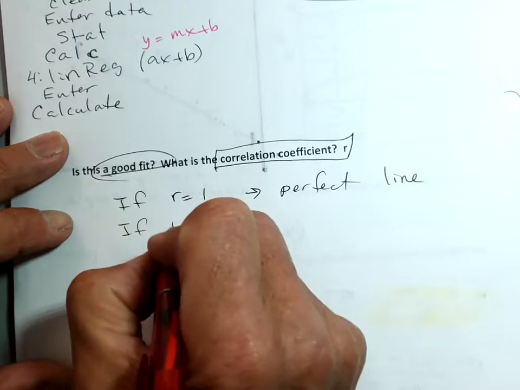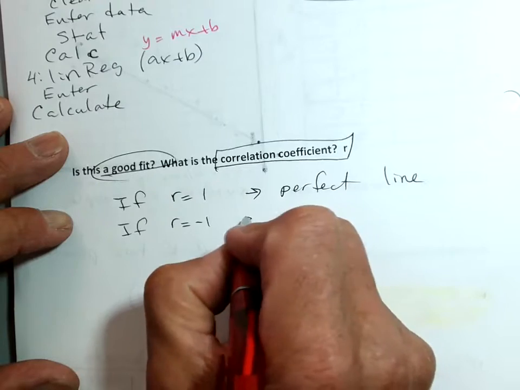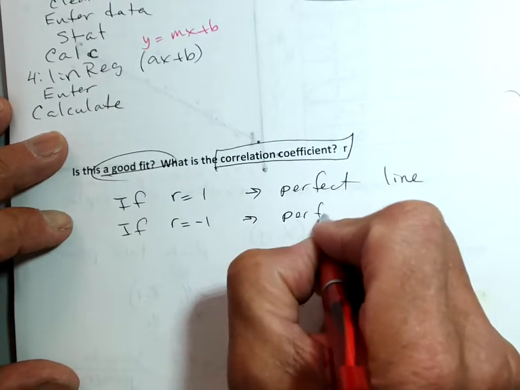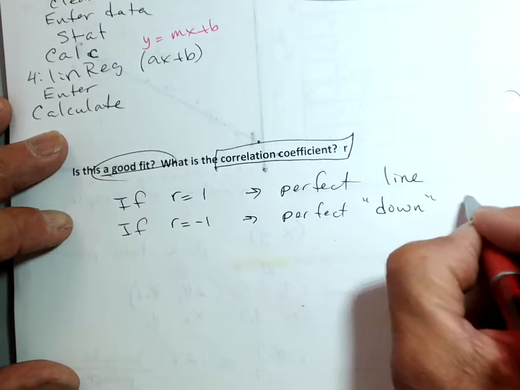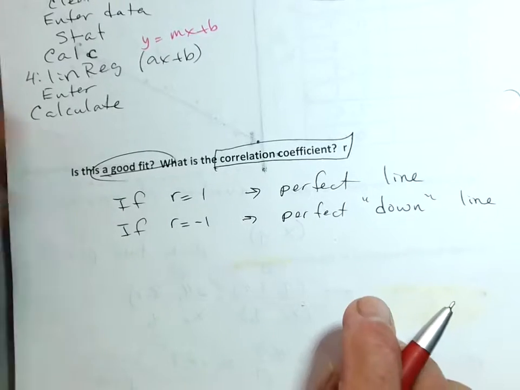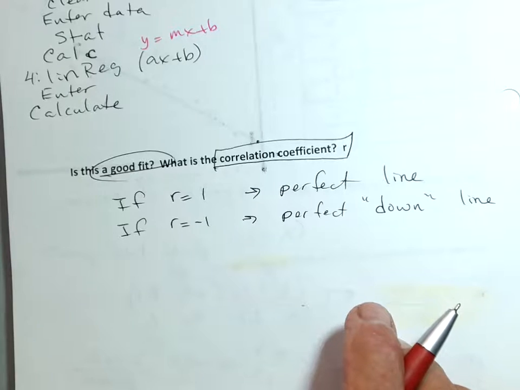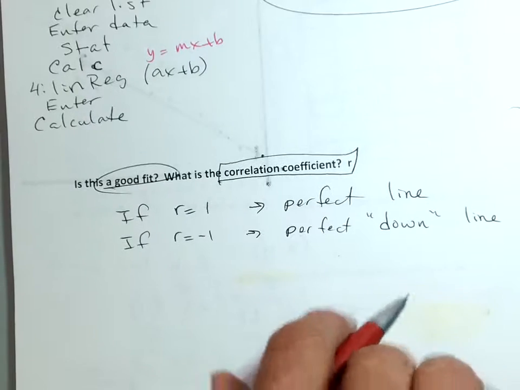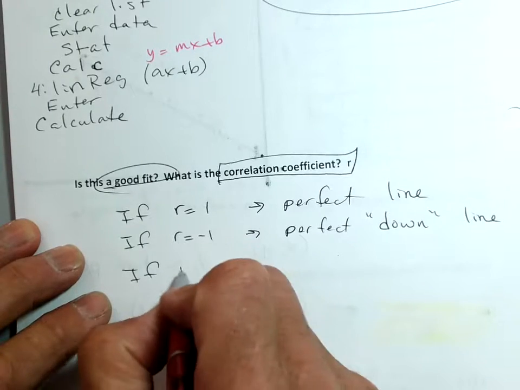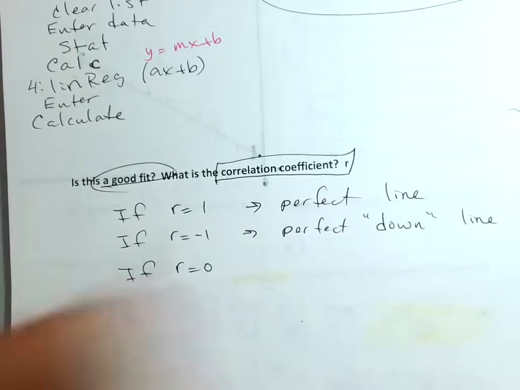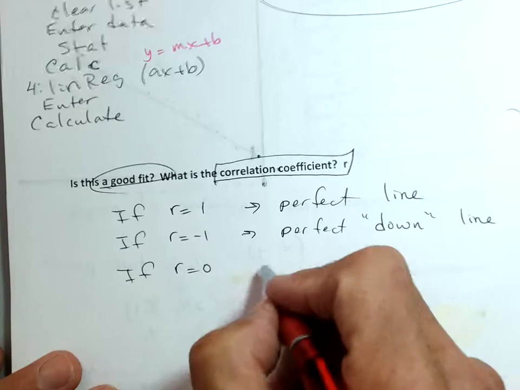If r equals -1, it's a perfect down line, okay? 100% of the data matches up. It's just a slope of -1, okay? If r equals 0, it's like a shotgun. They're all over the place. That makes sense? No correlation.